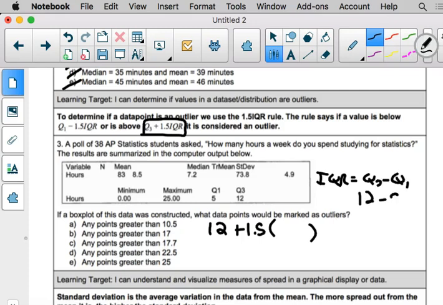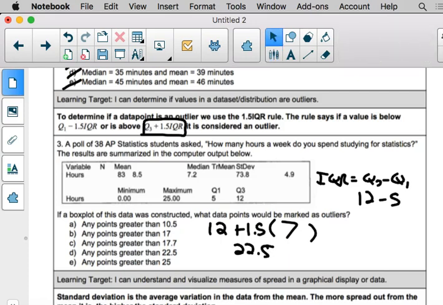So 12 minus 5, the IQR is 7. Then 12 plus 1.5 times 7 gives me 22.5. So any values greater than 22.5 are going to be deemed outliers.